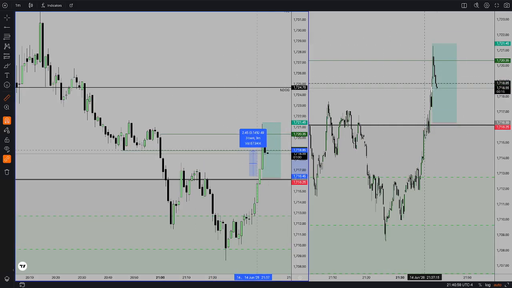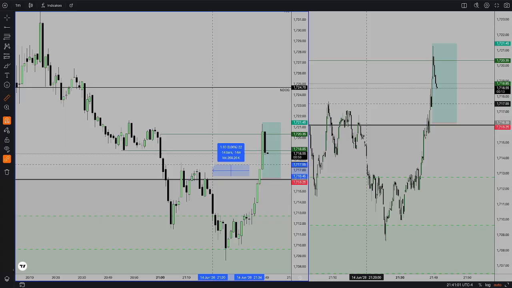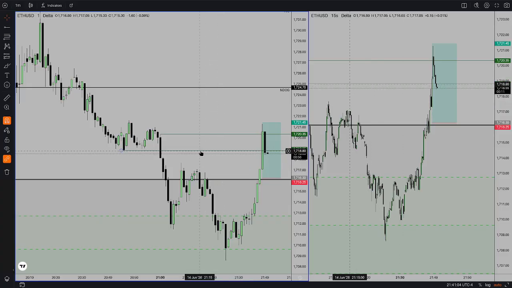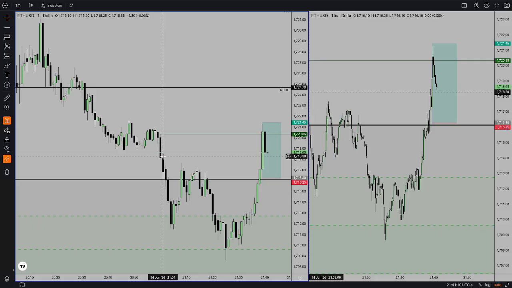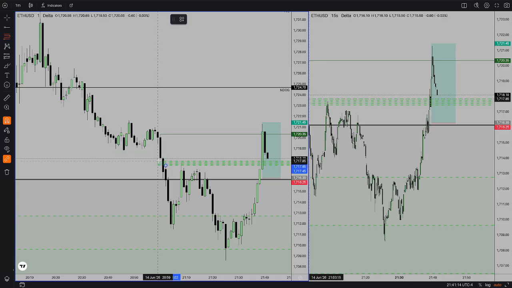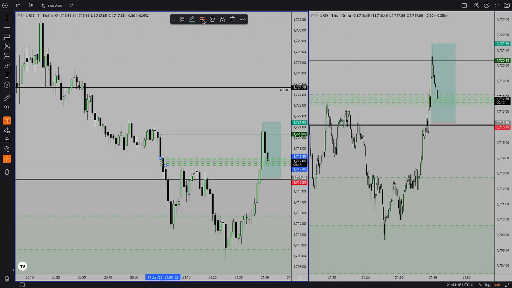So it's there on that low area. Let's remove the floor here. No longer need all those things. Right, so let's see how the price reacts from these areas.